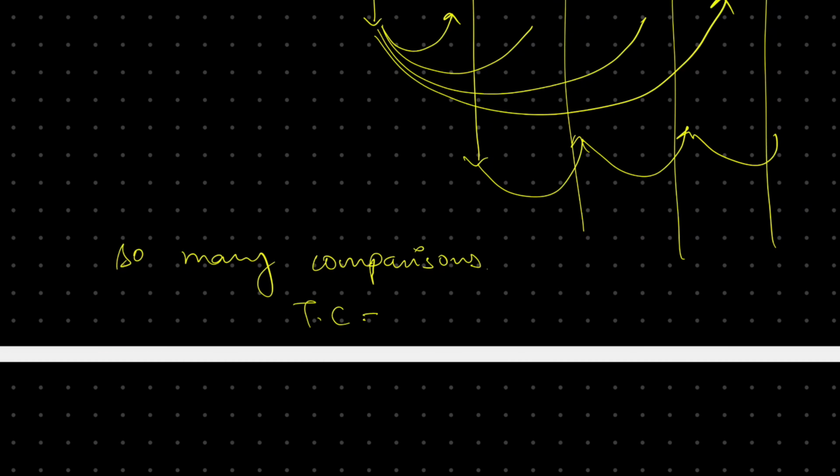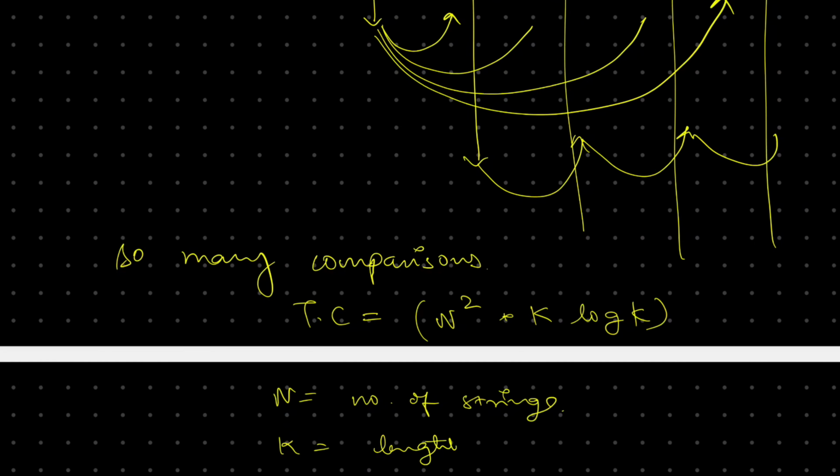The time complexity will become O(n squared k log k), where n is the number of strings and k is the length of each string. So for bigger inputs, this is not efficient. So we need something better.